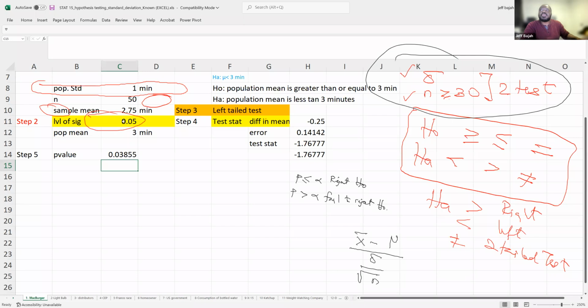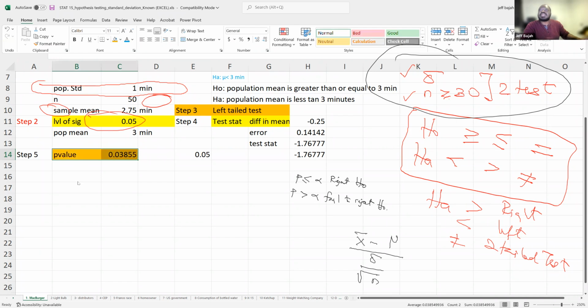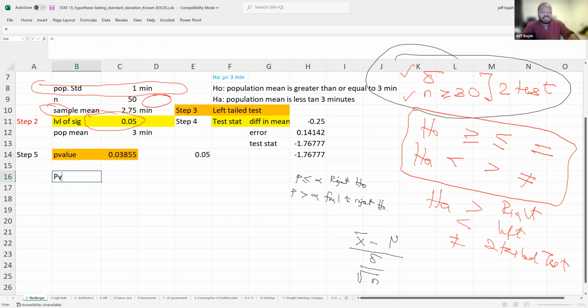Remember your alpha is 0.05. So alpha is what? 0.05. So you can see clearly, if you compare the 2 of them, that the p-value is what? Less than the level of significance. We will do what? Reject H sub 0.